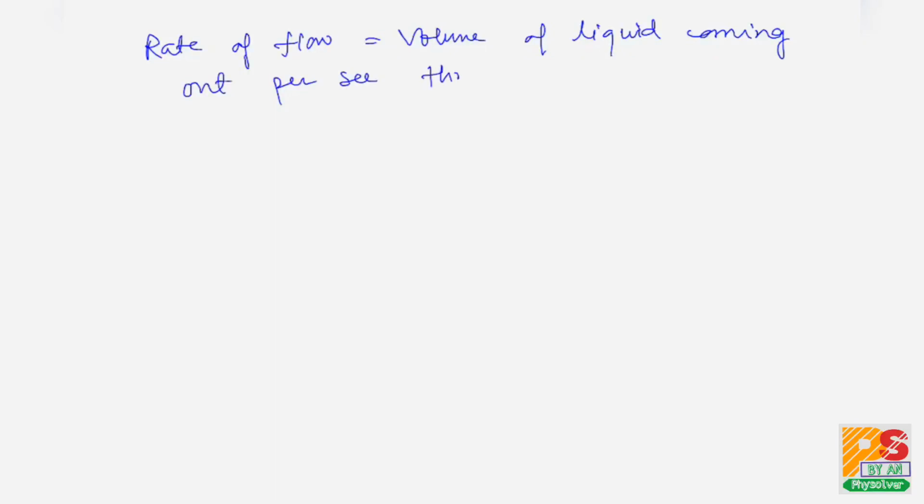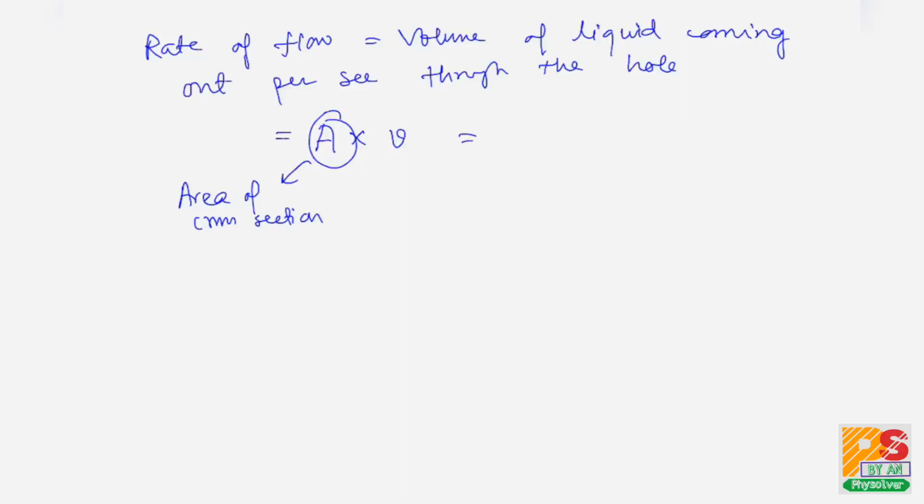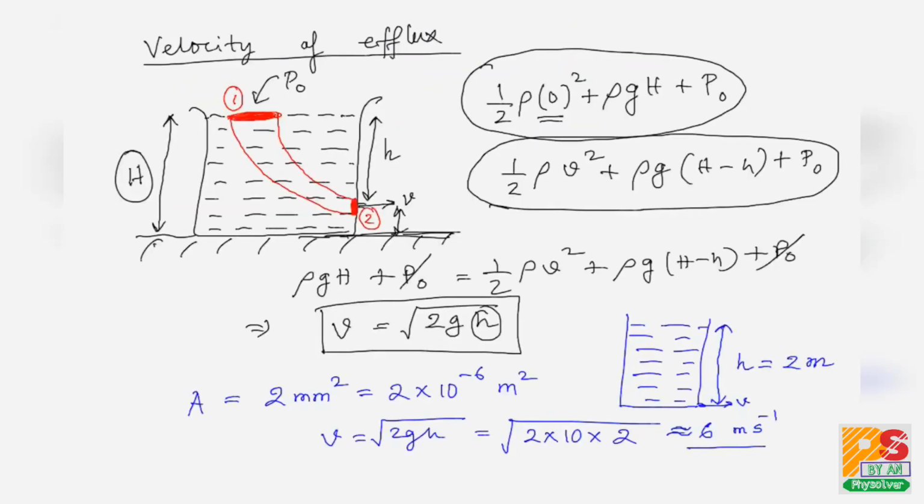through the hole, correct. Now, volume of liquid coming out per second through the hole is nothing but area of cross section of the hole into velocity of efflux. A is what? Area of cross section. In the problem, area of cross section is given as 2 into 10 to the power minus 6, and velocity of efflux is 6.